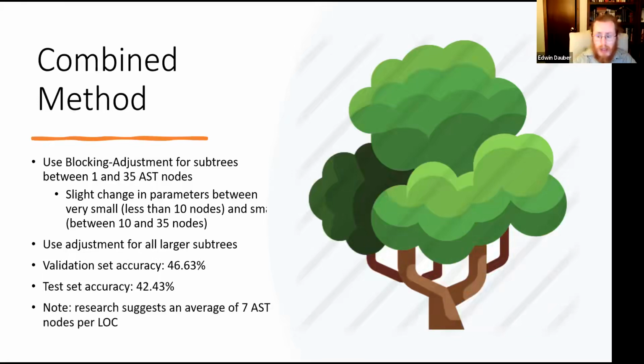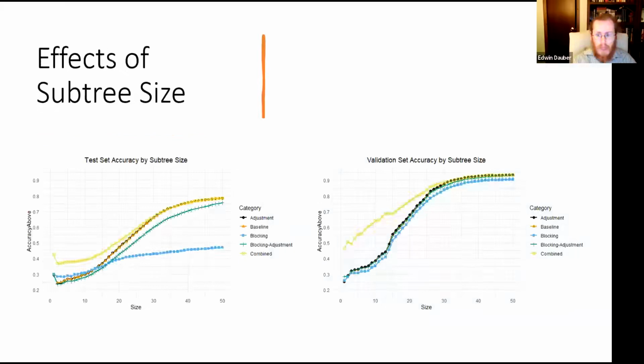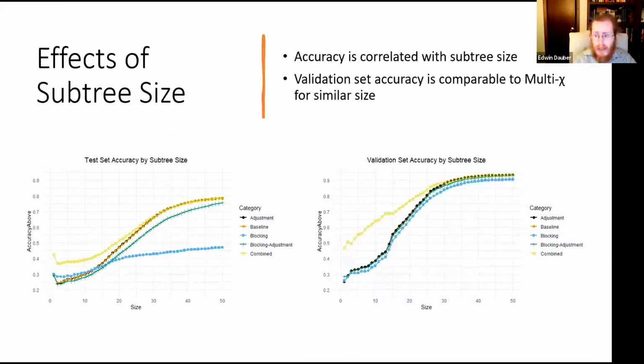I'll note that research suggests there's an average of 7 nodes per line of code. So between 1 and 35 AST nodes is up to 5 lines of code. And we see that accuracy is correlated with subtree size. And I'll note while there are other issues involved, such as suspect set size and the training on files or projects, our validation set accuracy is comparable to multi-chi at similar size.